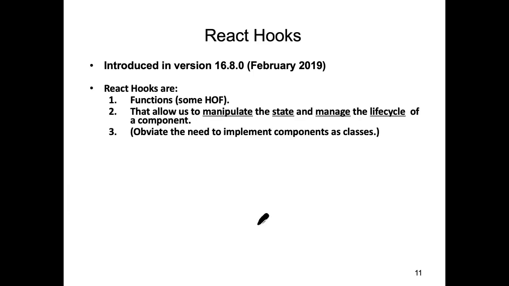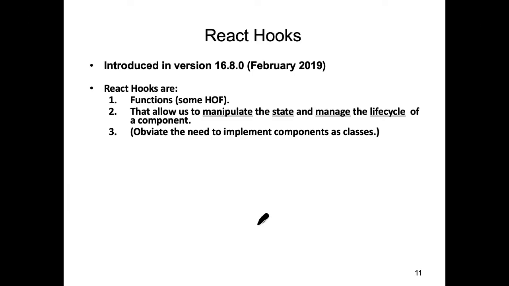So what are React hooks? Well, number one, they're just simply functions. HOF there stands for higher order function. A higher order function is a JavaScript term. A higher order function is a function that takes another function as an argument and possibly even returns a function as a return value. So hooks are functions that are higher order in some cases.